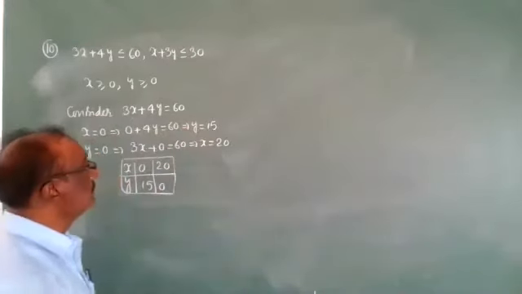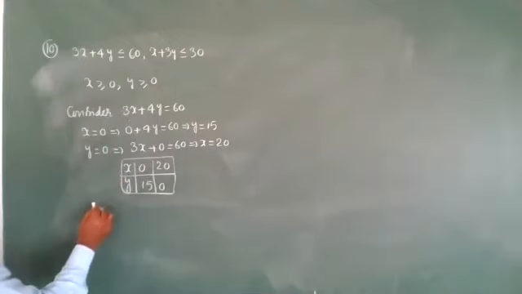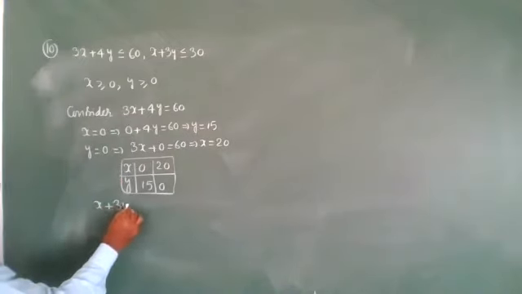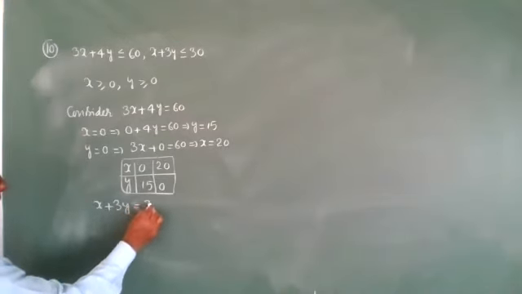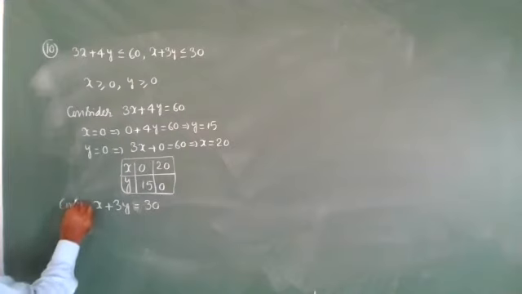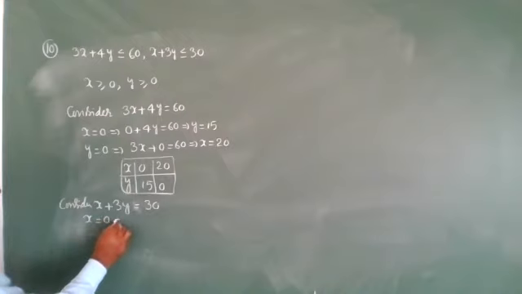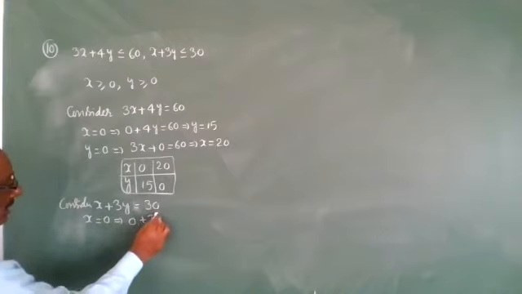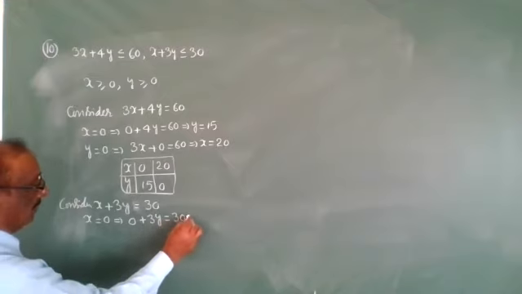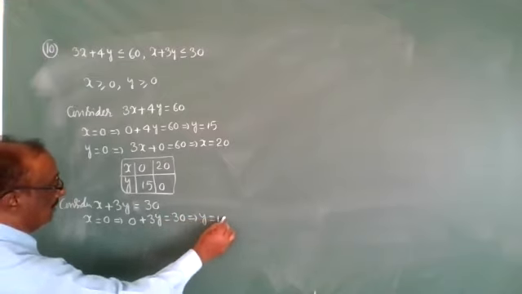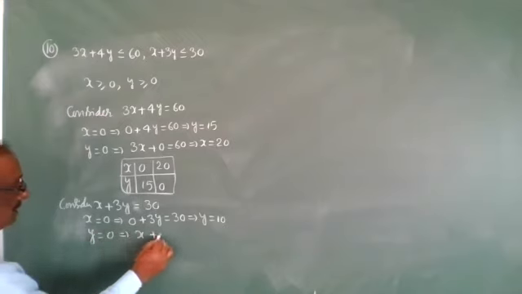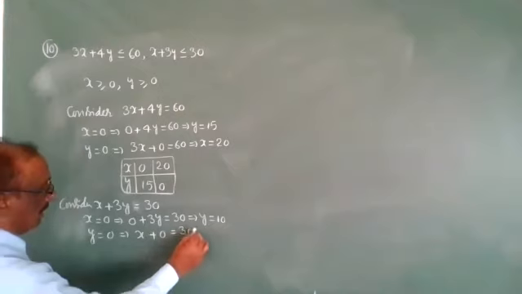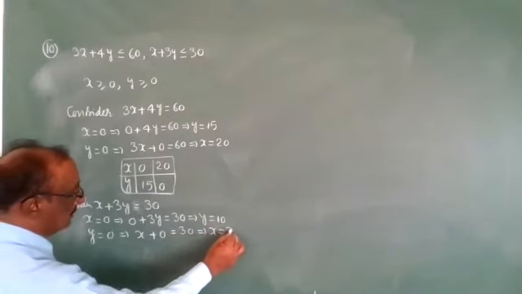Right, everyone. Second equation, take x plus 3y is less than or equal to 30. Consider x plus 3y equal to 30. x is equal to 0: 3y is equal to 30, y is equal to 10. y is equal to 0: x is equal to 30.